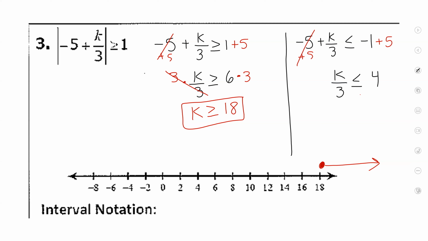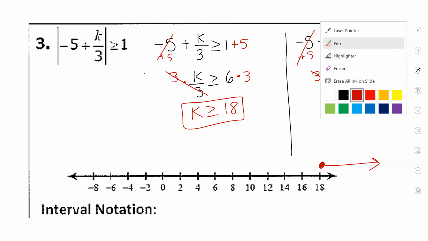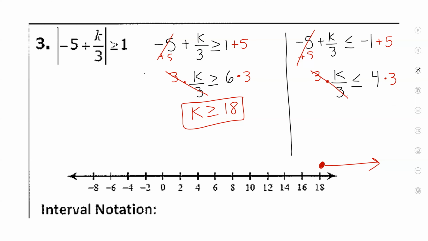This says k divided by 3. So the opposite is to multiply by 3. So multiply by 3 and that cancels. So I have k is less than or equal to 12. That's my other answer.